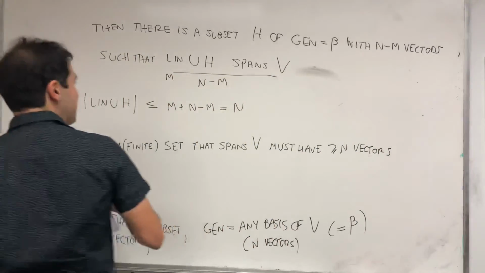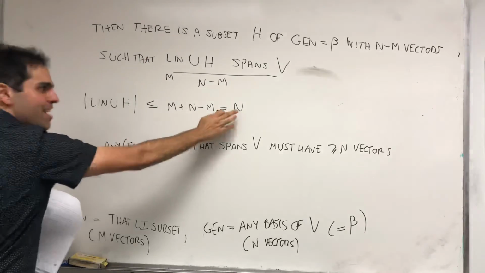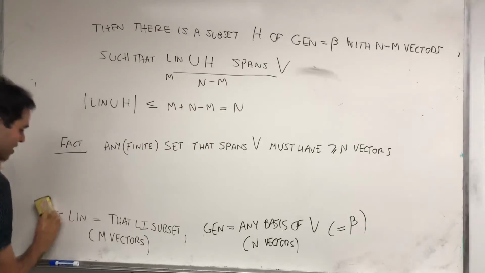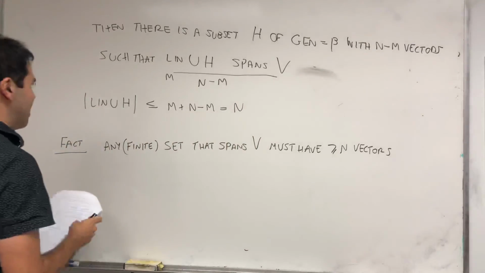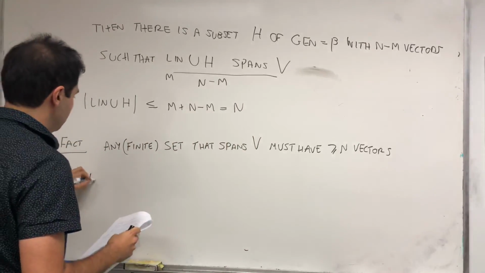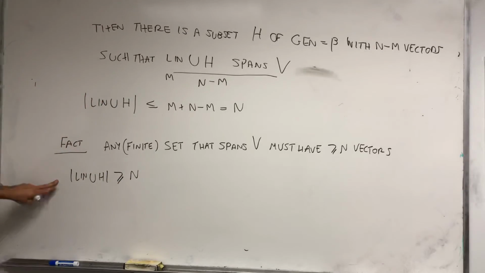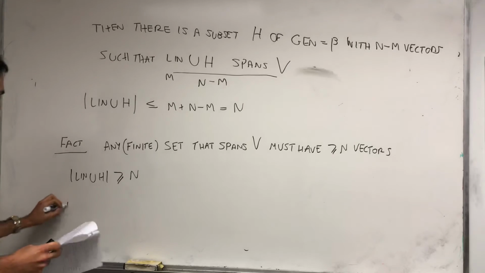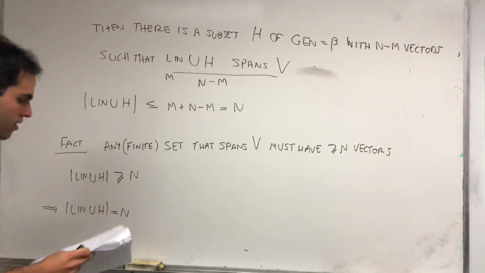Because this set spans V, the cardinality is greater than or equal to n. So L union H is greater than or equal to n. And combining those two, we get that the size of L union H equals n.